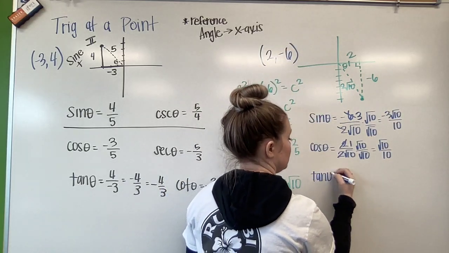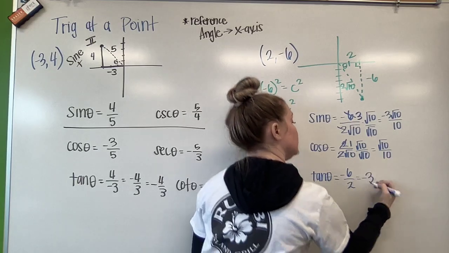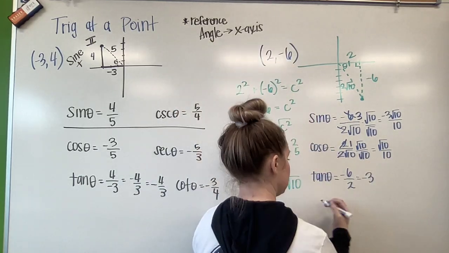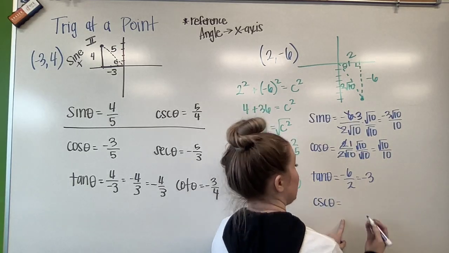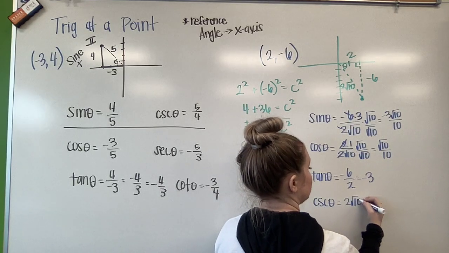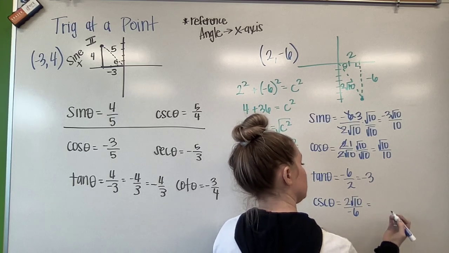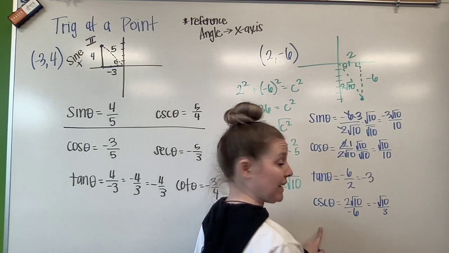Tangent is opposite over adjacent, which reduces to negative 3. Reciprocal of sine is cosecant, which would have given me 2 root 10 over negative 6. So that's going to reduce to negative root 10 over 3.